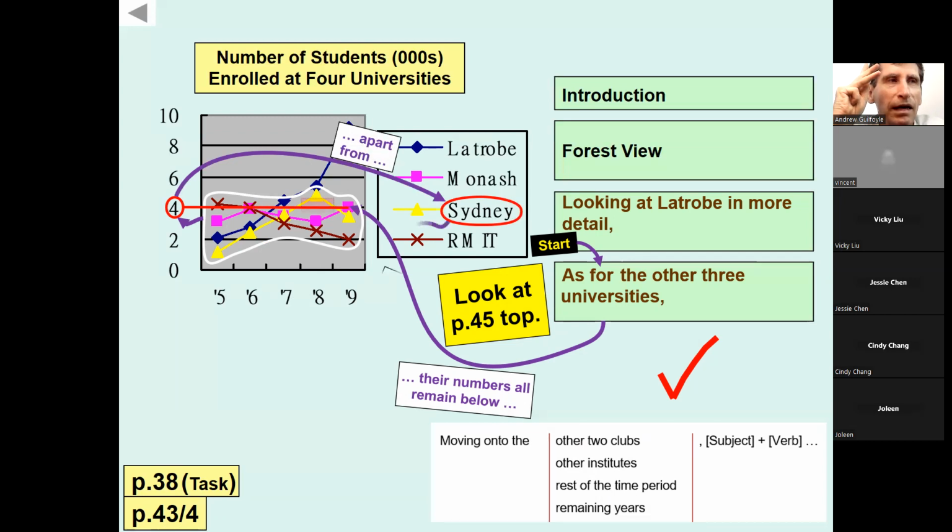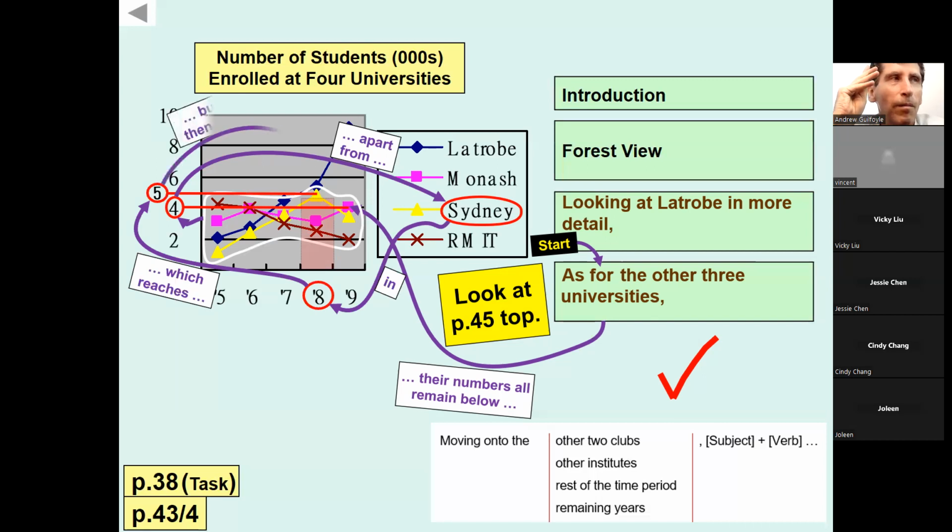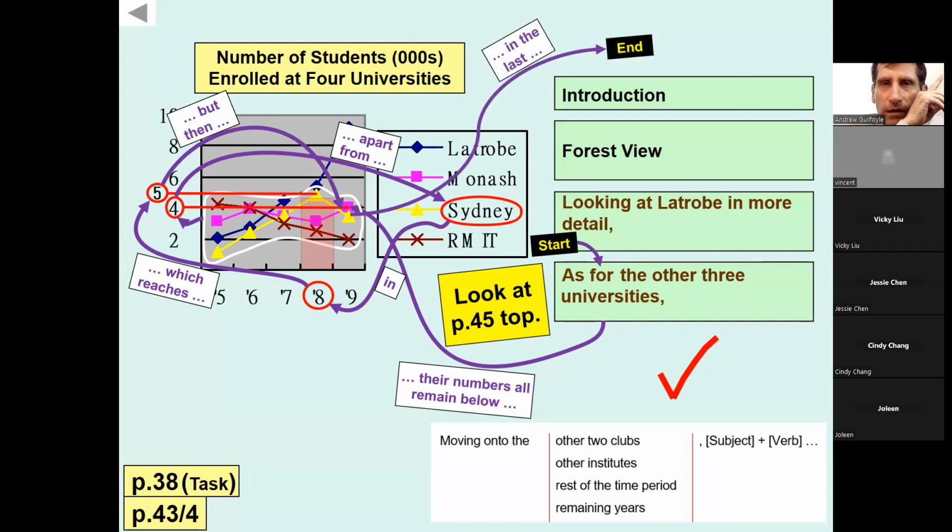Apart from Sydney, in which year? 2008. Which reaches what? 5,000. But then in the last year does what?